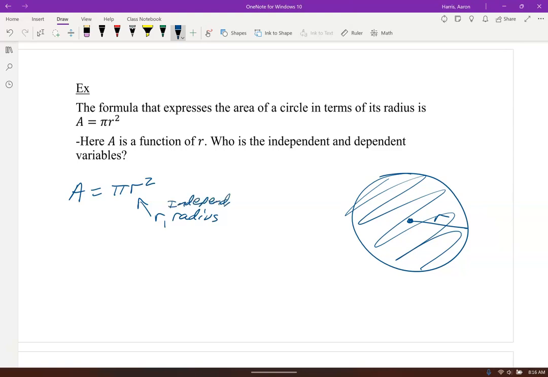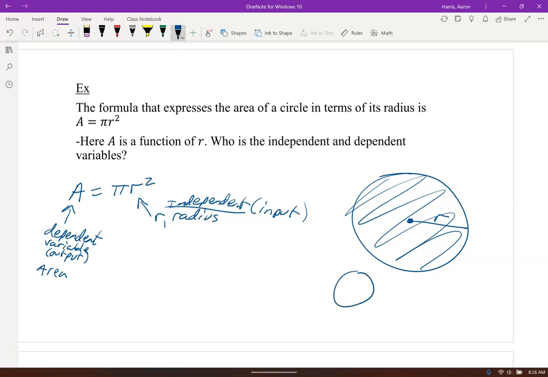That's the independent variable, or the input. And the dependent variable, the area of the circle, depends on, or is dependent on, how big the radius is. So the dependent variable, or the output, is the area.